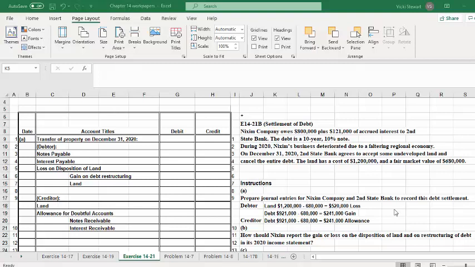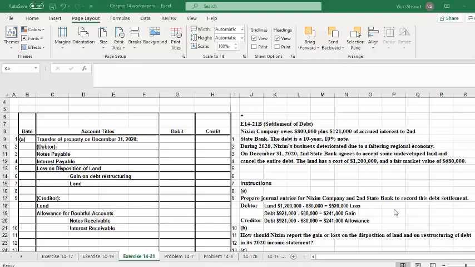The land was purchased or had a cost of $1,200,000. Now it only has a fair market value of $680,000. So Nixum will have to record a $520,000 loss on the exchange of the land.